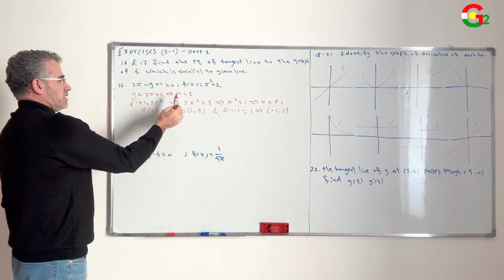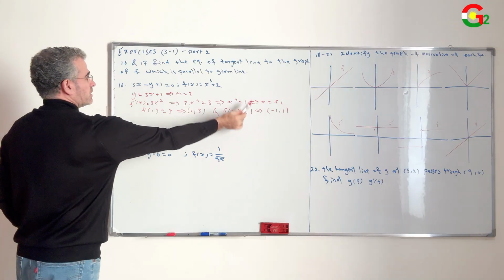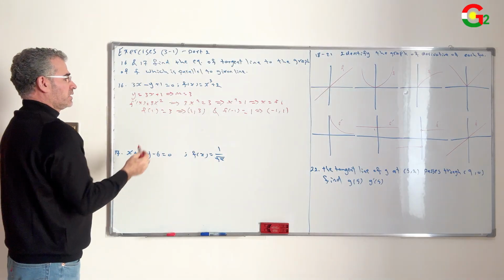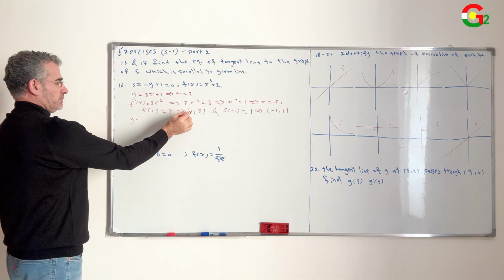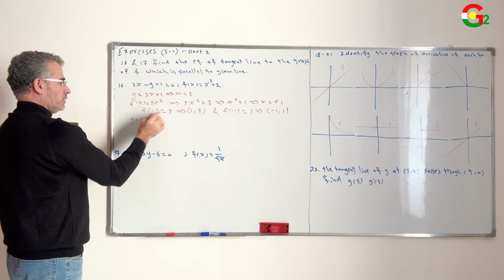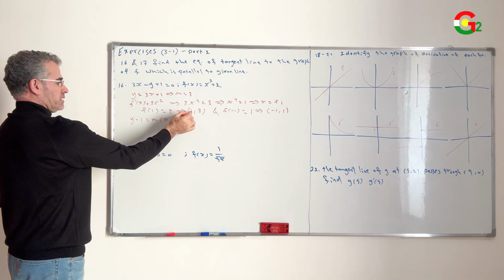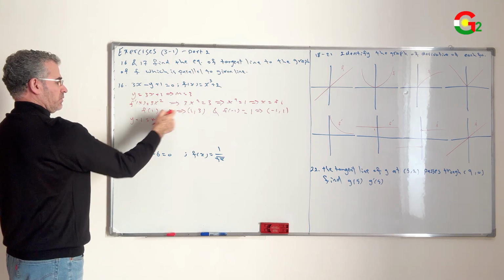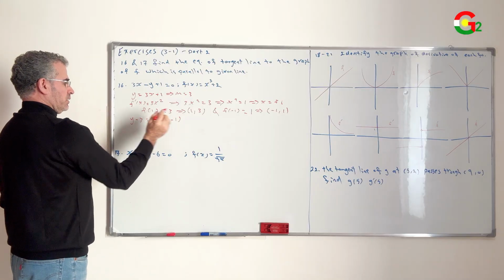Now we have a slope and we have the point of tangency. We can find the equation of the tangent line. The first equation: y minus y1 equal to the slope times x minus x1. So y minus 3 equal to the slope, which is 3, times x minus 1.